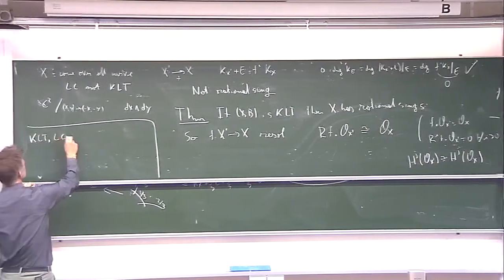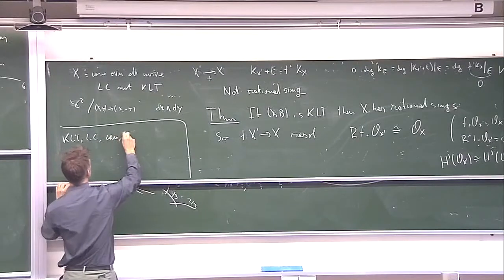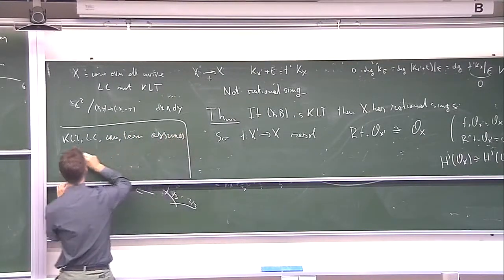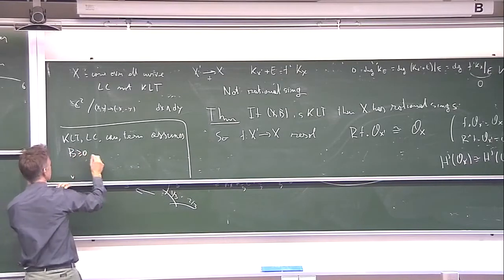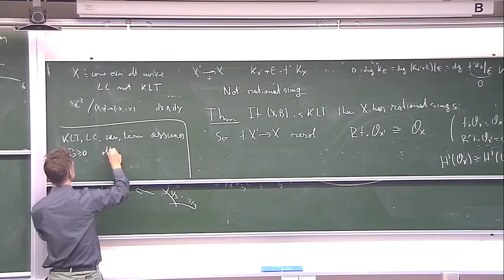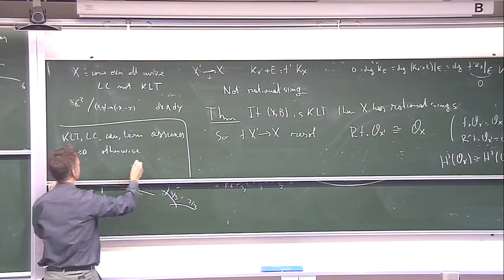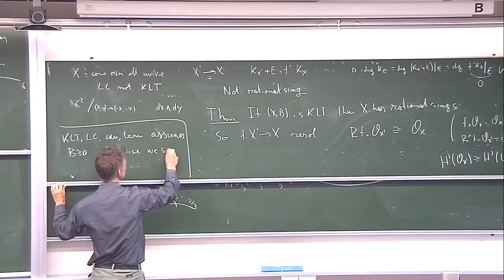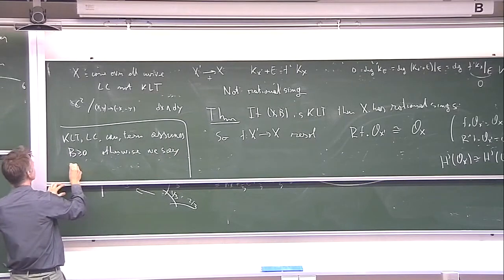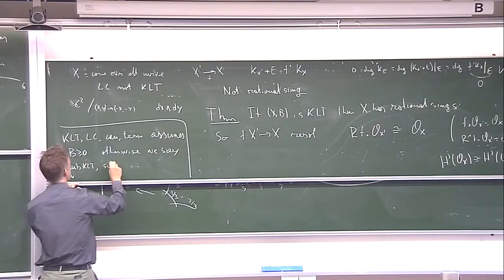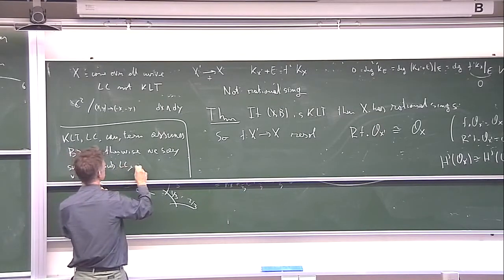KLT, LC, canonical, terminal assume B ≥ 0. Otherwise, I should say, I'm sure I'll forget, we say sub-KLT, sub-log canonical, blah, blah, blah.